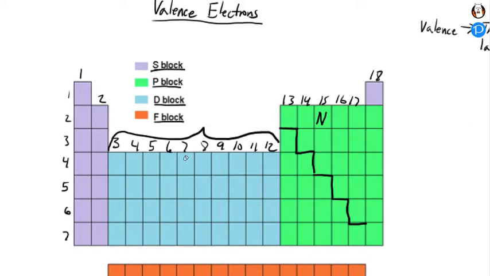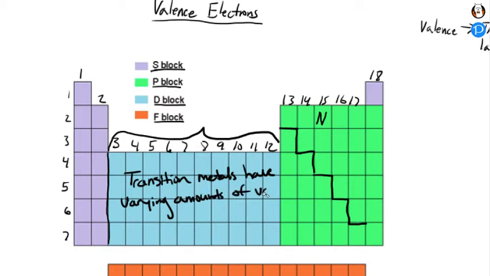For now, when we're talking about valence electrons, we're going to leave the transition metals out. I'm going to draw a line across here, and remember, that includes these down here. Our transition metals have different rules for valence electrons, varying amounts of valence electrons.